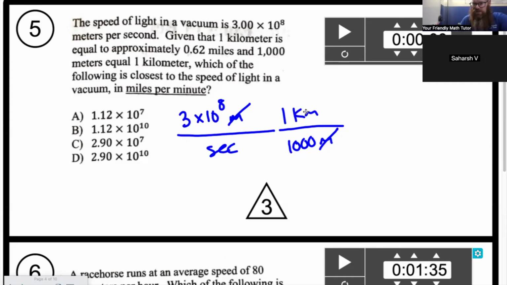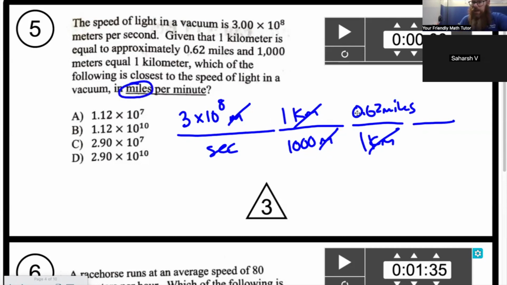Now I'm going to change kilometers into miles. So 1 kilometer, which I'm going to put on the bottom again so it cancels with this, is 0.62 miles. So this cancels. Now I have miles, so that's good. But if I were to stop now, I'd have miles per second, and I want miles per minute.